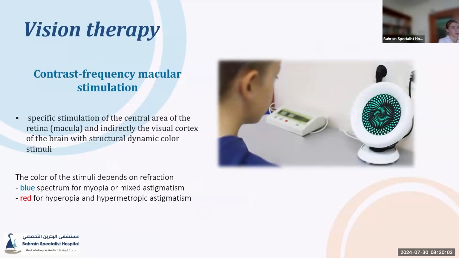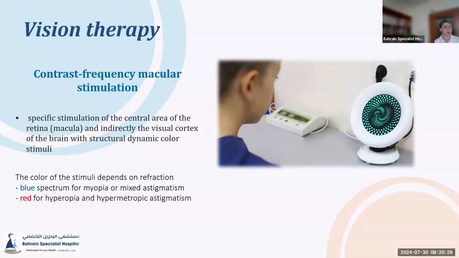Contrast frequency macular stimulation. This is a specific stimulation of the central area of the retina, the macula. So, as you see, they're quite similar. We need to make the central part of the retina start working and stimulate it with different types of physiotherapeutic stimulating devices.